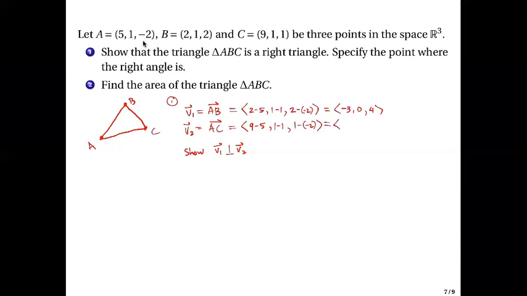So in here, we have 9 minus 5, that's 4. 1 minus 1, that's still 0. 1 minus negative 2, that's negative 3.